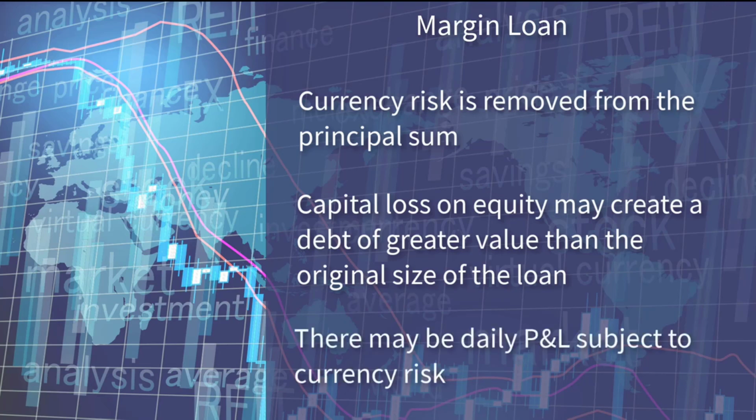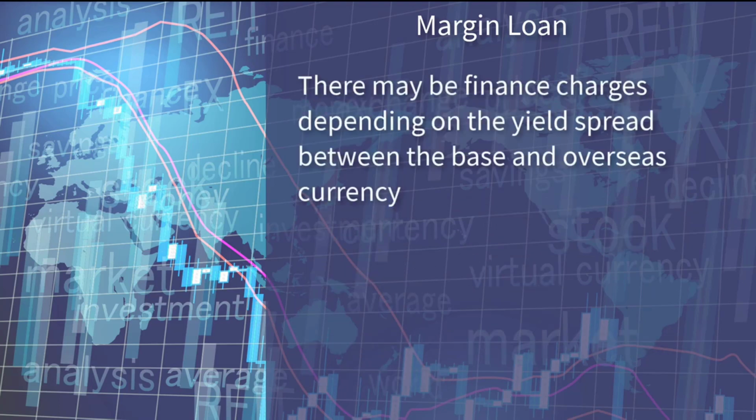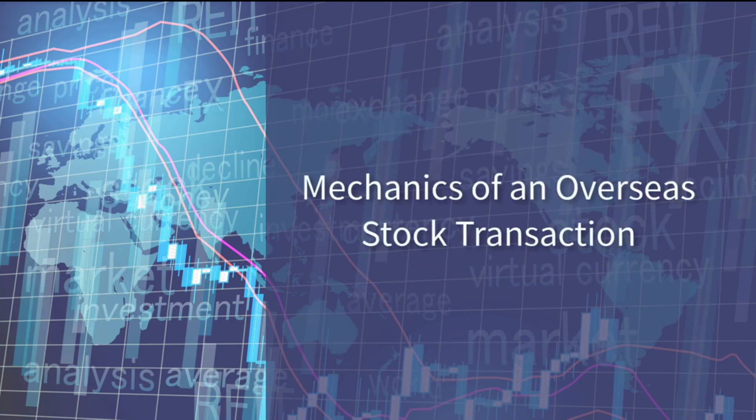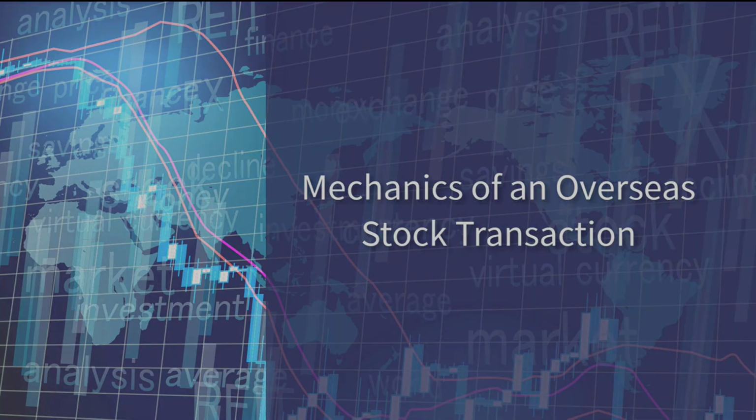There may be daily P&L subject to currency risk. There may be finance charges depending on the yield spread between the base and overseas currency. Base deposit accrues interest. Margin loan incurs interest. These are the mechanics of an overseas stock transaction, and you should be able to see the risk between margin loan and currency conversion.